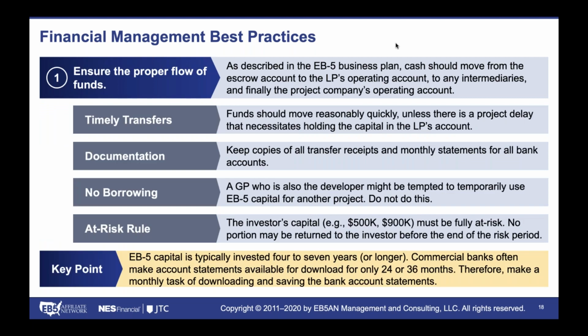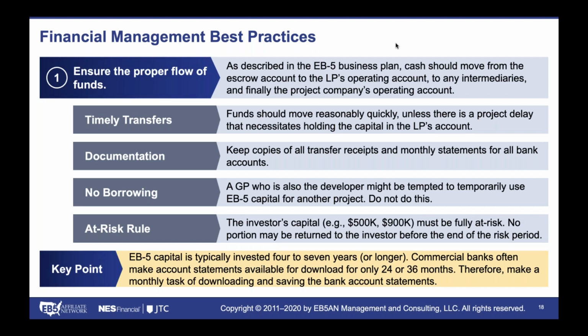So we're first going to dig into ensuring the proper flow of funds. This is critical for two main reasons in EB5. First, for USCIS purposes, you need to show directly that the EB5 funds went into the new commercial enterprise, which is the limited partnership, was then contributed or loaned to the job creating enterprise and ended up in the entity that's directly responsible for creating the jobs.